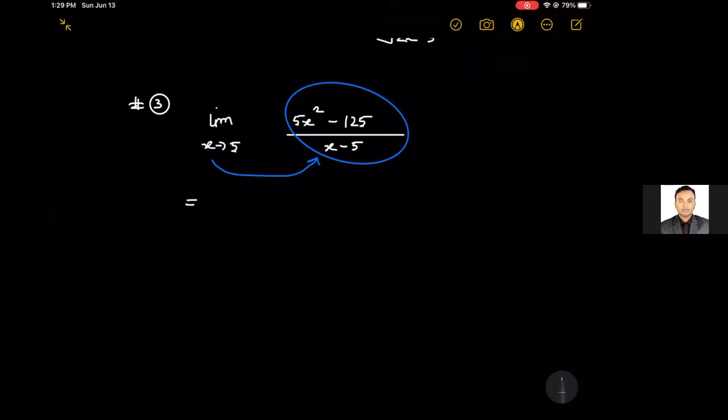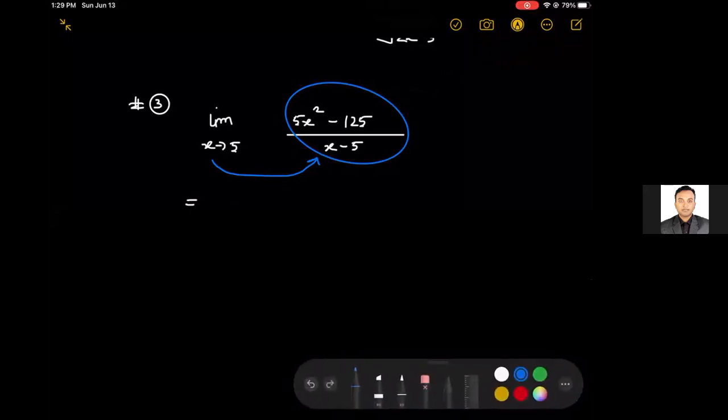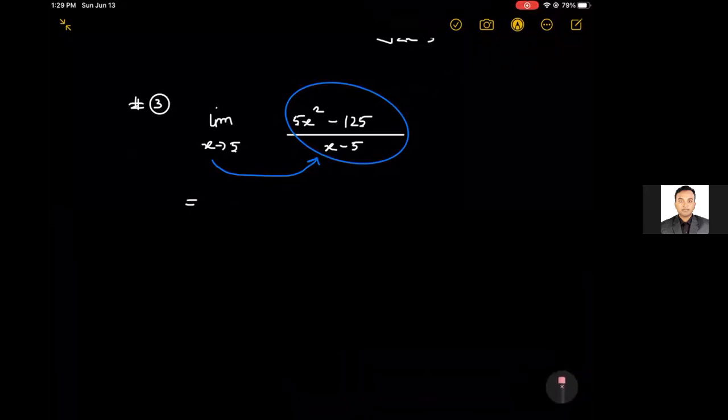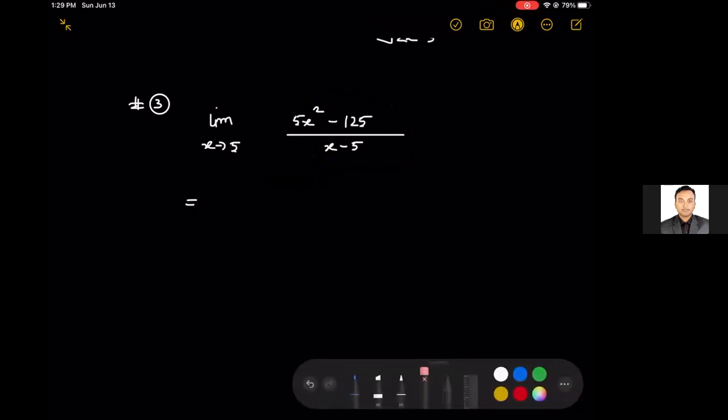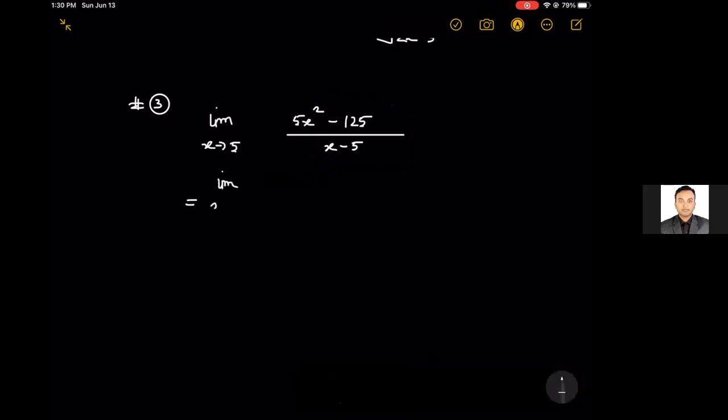For example, if we plug in 5 here, we get 5 minus 5, that is 0 in the denominator, which we don't really want, because that would give us an undefined value. So if that's the case, we need to see if there is any way we can reduce it to a shorter format, if we can use any other techniques to get a defined value, okay? And a good way is to see if we can factorize it. Let's see if we can factorize this.